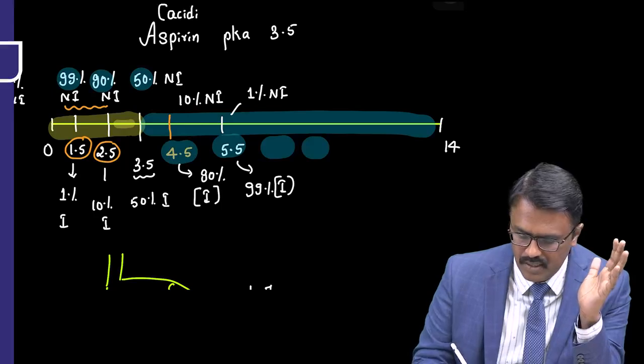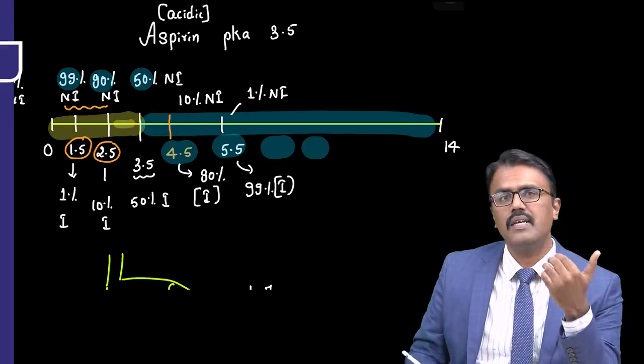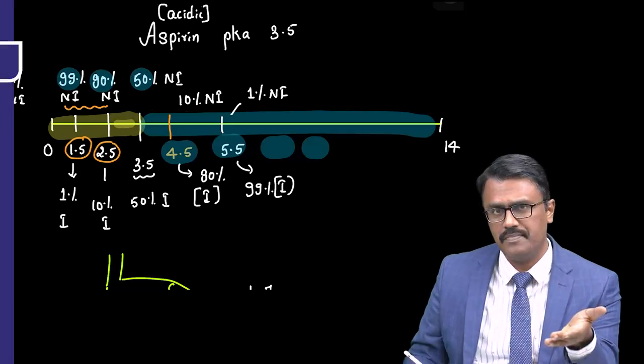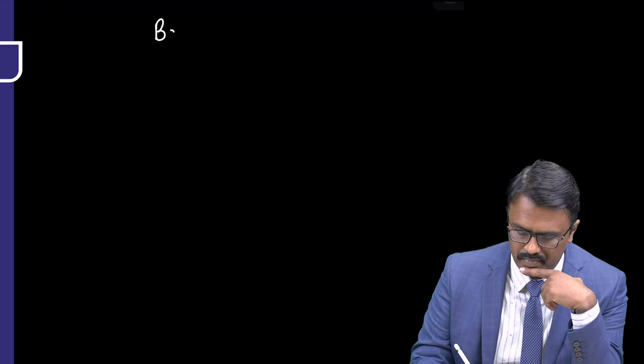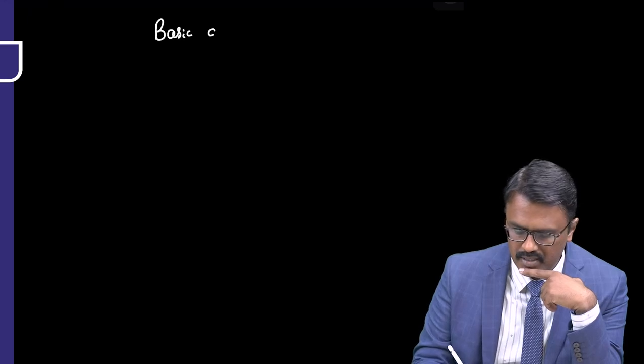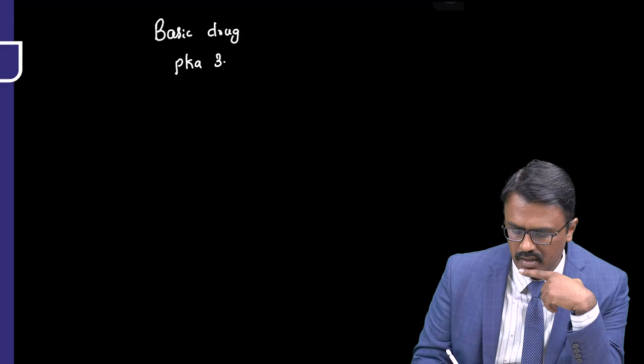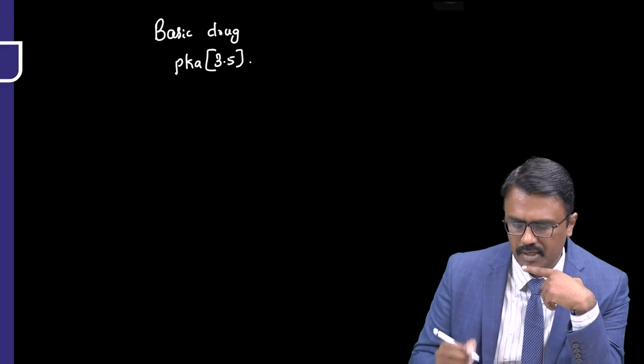Okay, sir. Sir, you give us an example of a basic drug, then tell us. Now take an example of a basic drug. This basic drug has a pK of 3.5. Okay, sir.